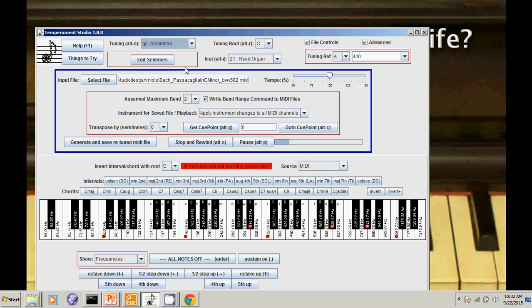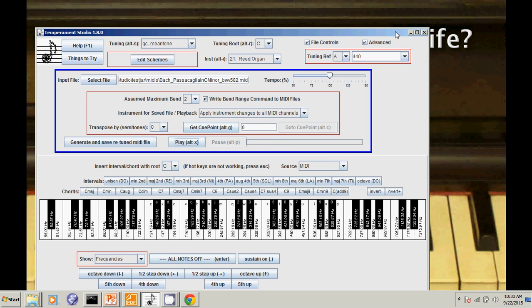Some intervals sound a little more dissonant than equal temperament, but some sound much more solid than equal temperament. It's kind of a subtle thing. I recommend you go play with Temperament Studio, listen to this, and you can convince yourself that Bach was able to do some interesting things because he took advantage of quarter comma mean tone.